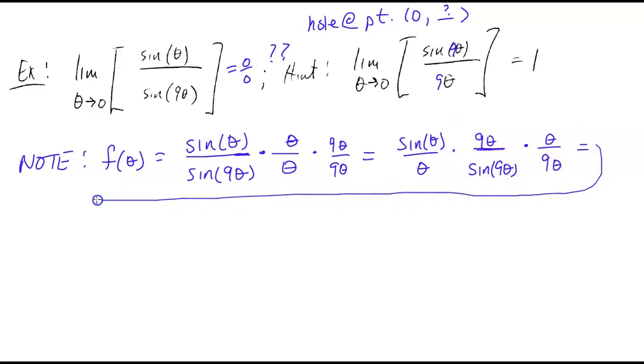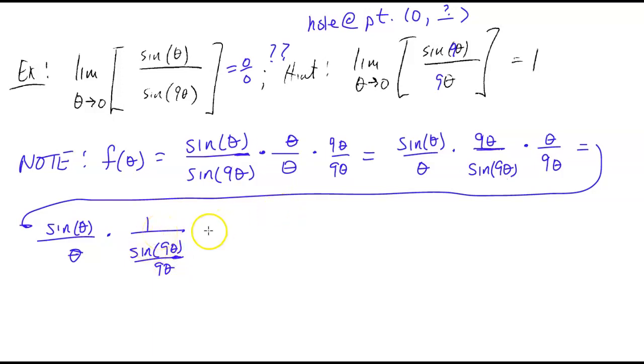Now, the last little trick that we're going to do here is this 9 theta over sine of 9 theta. We could rewrite that as just 1 over sine of 9 theta over 9 theta. Okay. So rewrite it as 1 over the reciprocal of itself. And of course, this theta over 9 theta here will just simplify to 1/9.